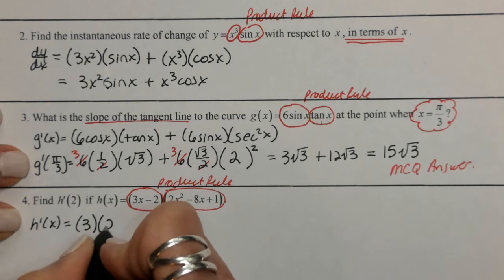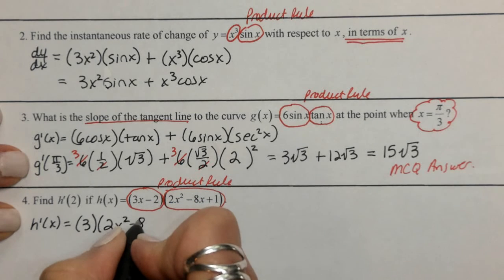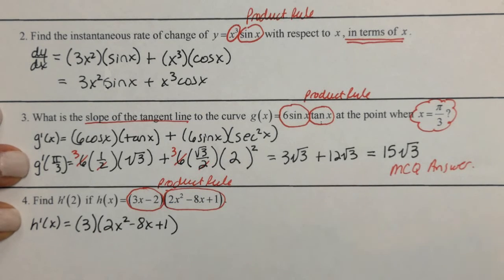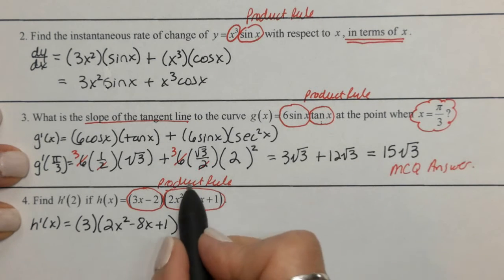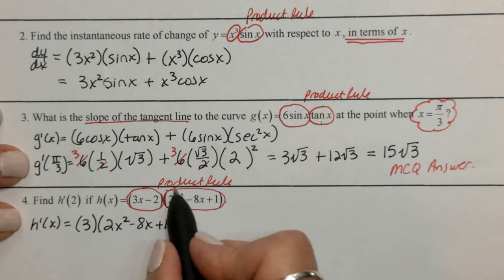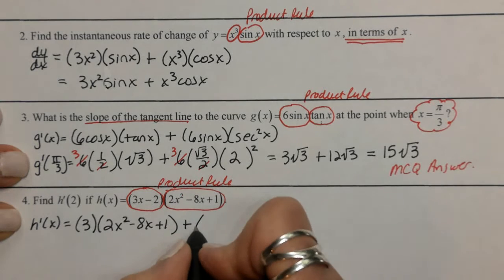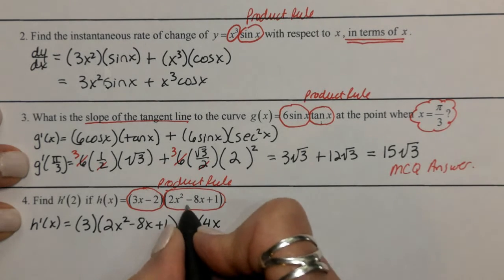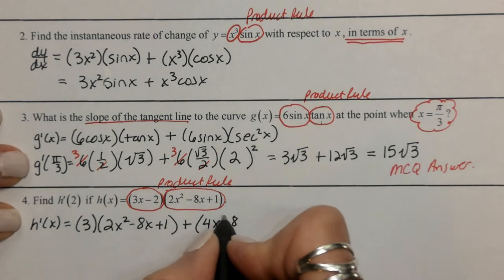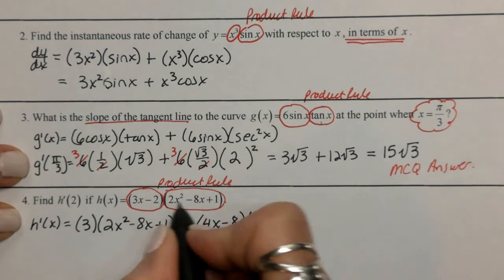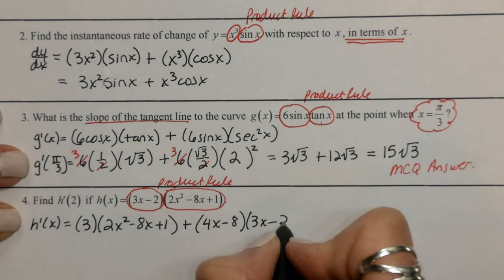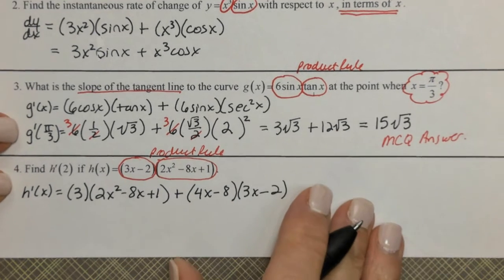I'm going to multiply by the second piece left alone, plus. Okay, the derivative of this term is 4x minus 8. The derivative of 1 is 0, multiplied by 3x minus 2 left alone.